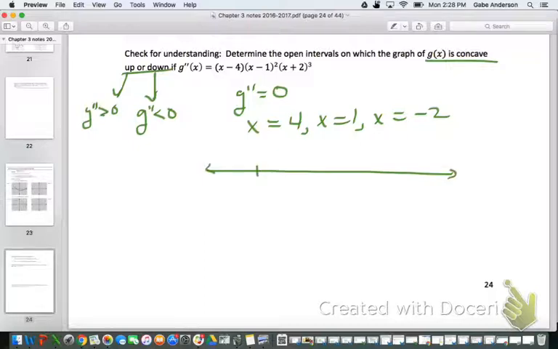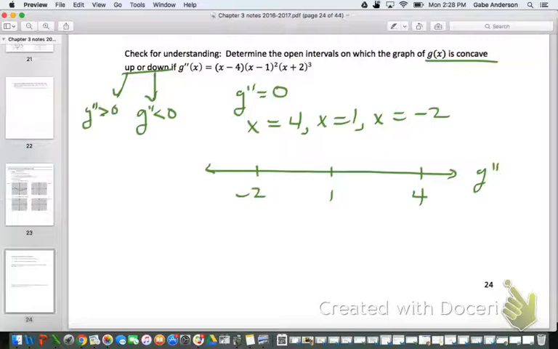So I'll put those on a sign chart again. Negative 2, 1, and 4, and this will be a g double prime sign chart. So like we did before, I'm simply going to do some test values and determine what's going on. Be careful, we got some repeated factors and the multiplicity thing might make a difference here.